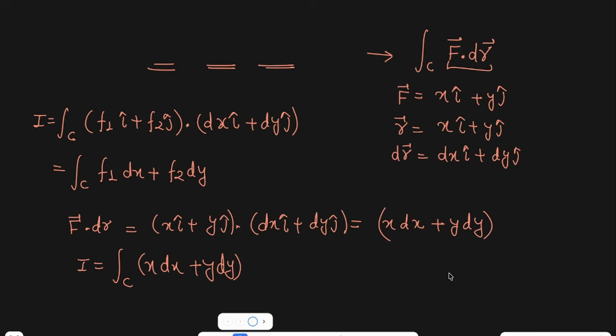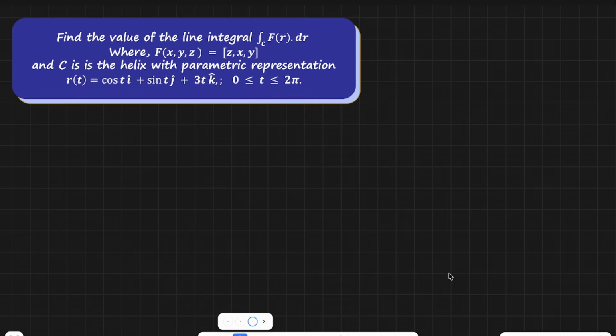Okay, so now let's come to the next question. Here f is given as z x y. One more thing that is very important: I am solving here all different types of questions.